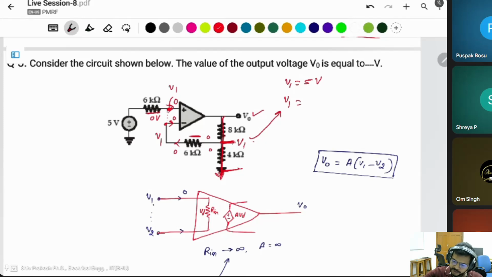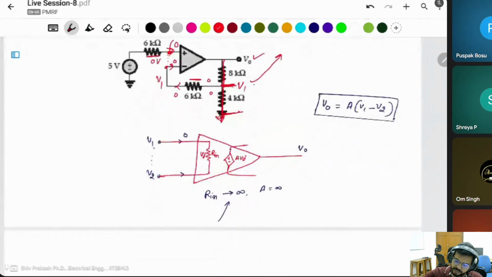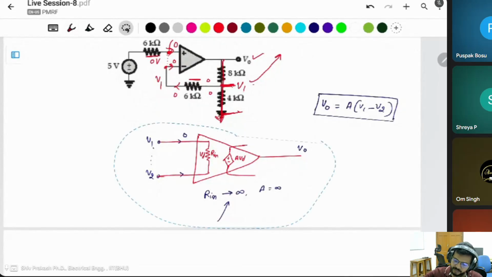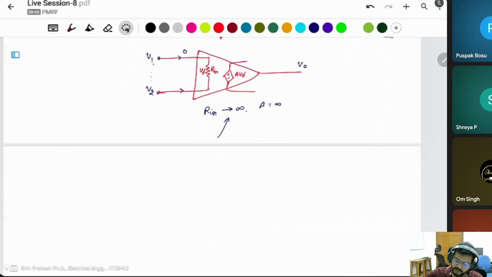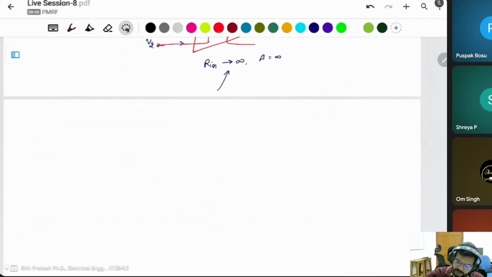Suppose these two resistors right here, I draw the same circuit.